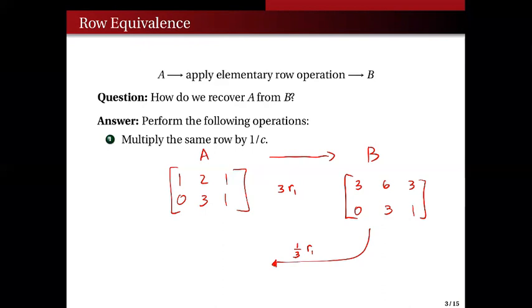If you do that, you will get exactly A. 3 divided by 3 is 1, 6 divided by 3 is 2, 3 divided by 3 is 1, and then you just copy your second row, which is exactly A.